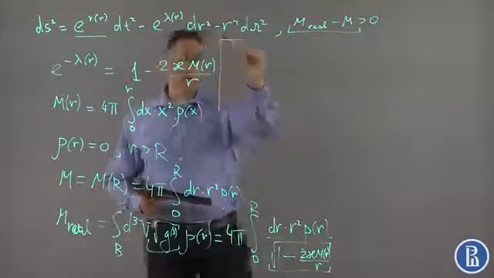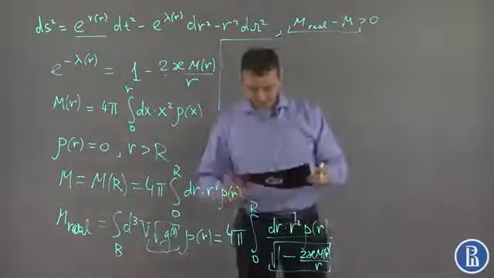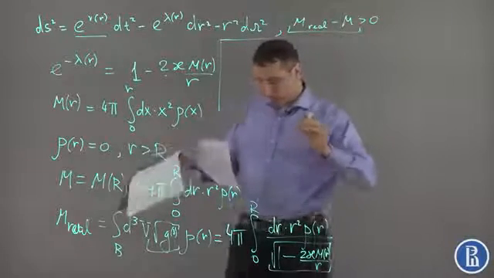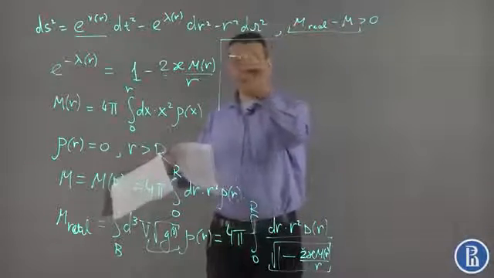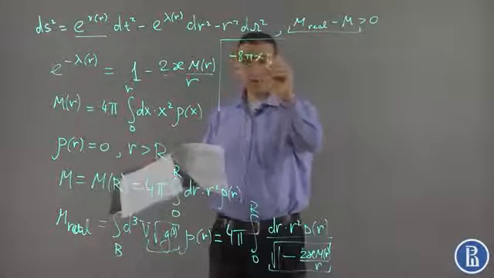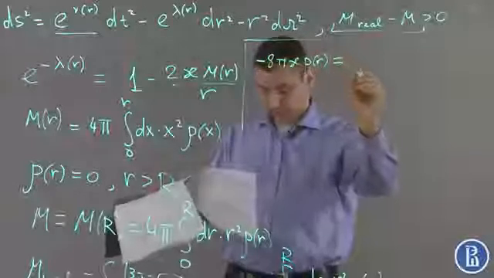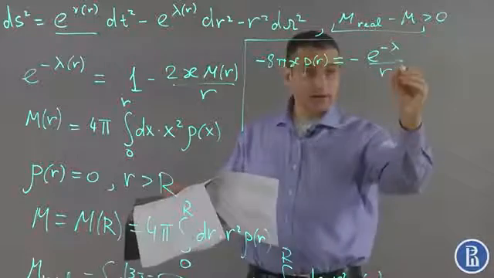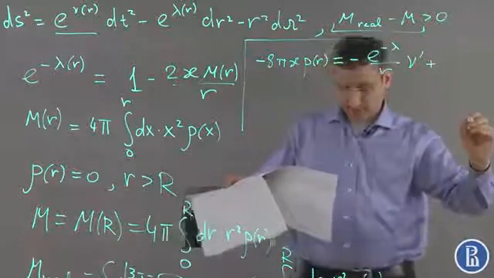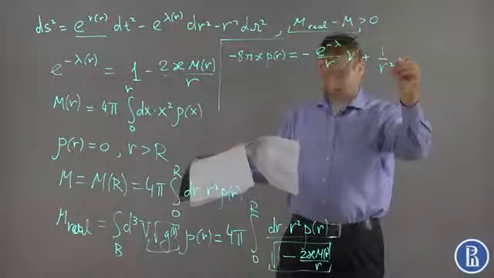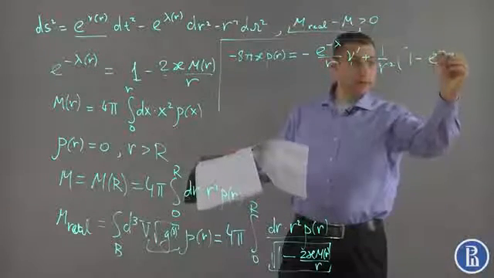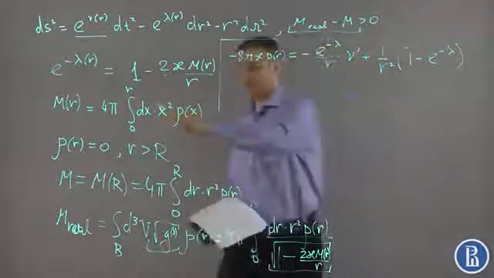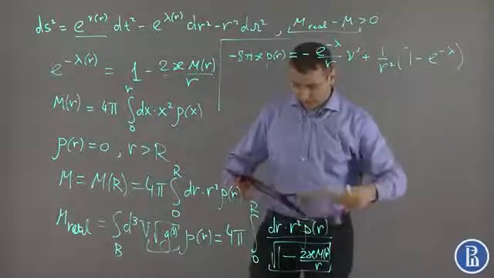To fix it, let us go on with the second equation that we have derived previously. I mean, with this equation: −8πκp(r) is equal to −exp(−λ(r)) times (ν′ + 1/r²) times (1 − exp(−λ)). So now we know this and this quantity from here, and we can find ν.